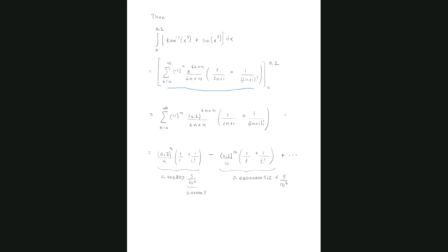Of course, you're going to put 0.2 in the series first, as I show you here, and then you're going to put 0 in the power series. But when x is 0, you're adding up a bunch of zeros, and so you get 0.